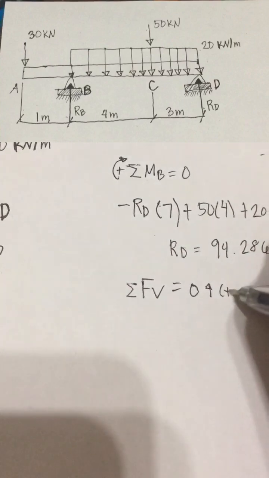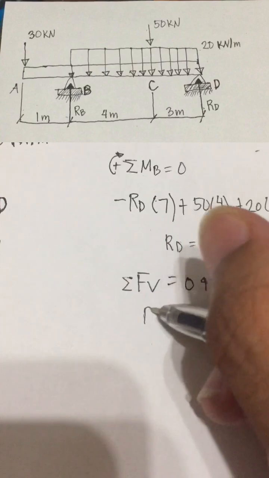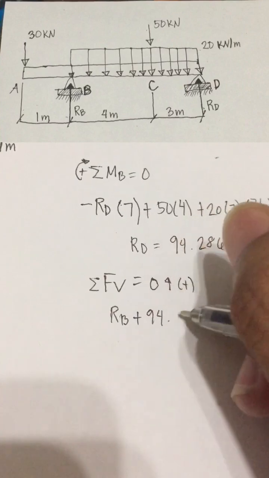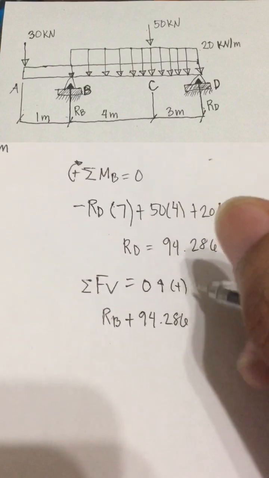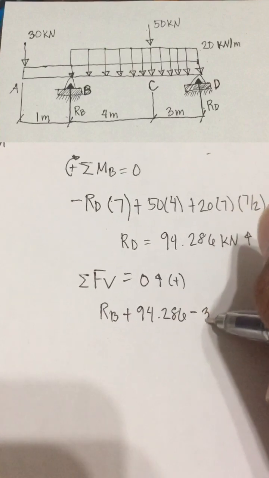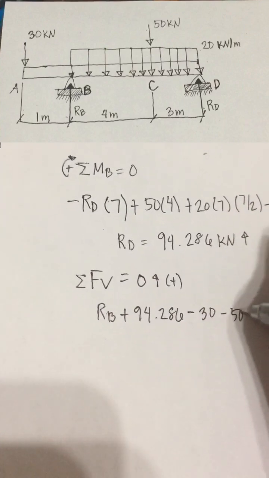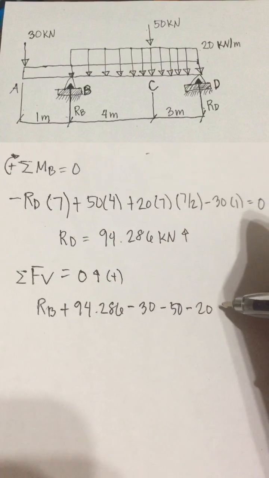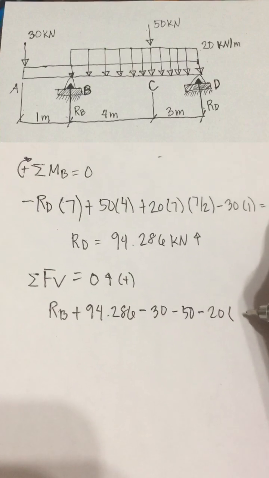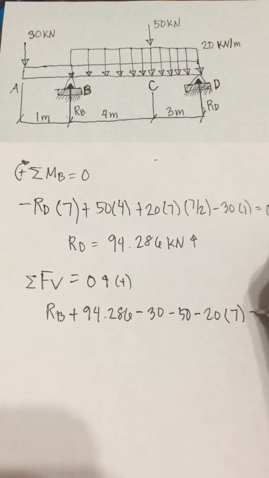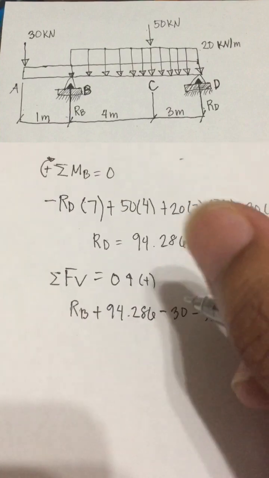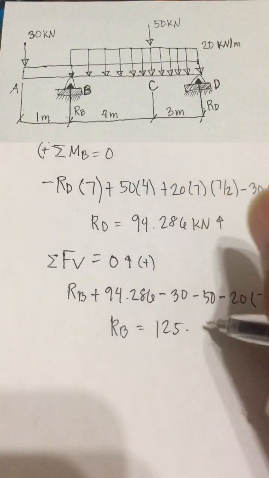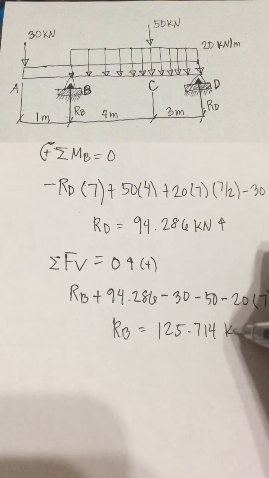So RB is going upwards, so it is positive, plus RD, which is 94.286 kilonewton going upward, so it is positive, minus 30 going downward, minus 50 going downward, minus the uniform load 20 times 7 meters from B to D equals 0. Then our reactive force RB is equal to 125.714 kilonewton going upward.